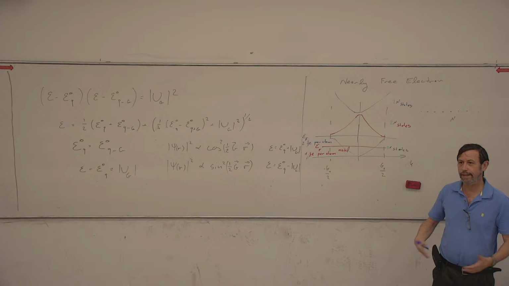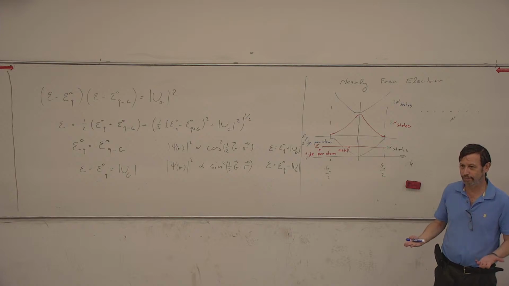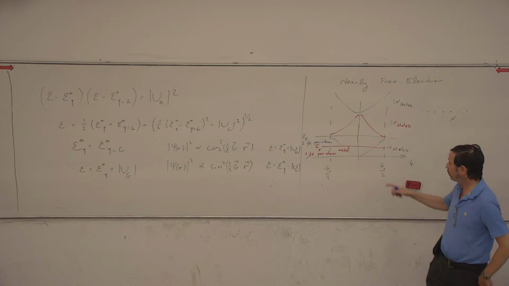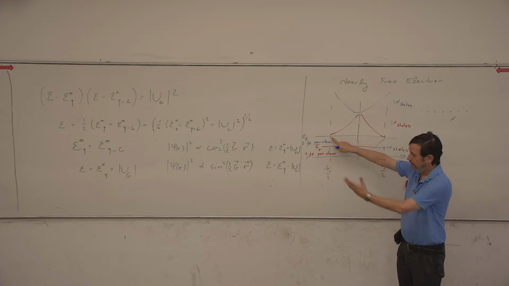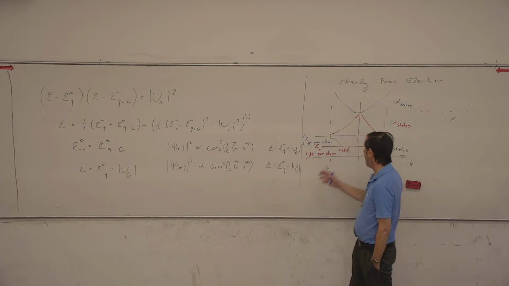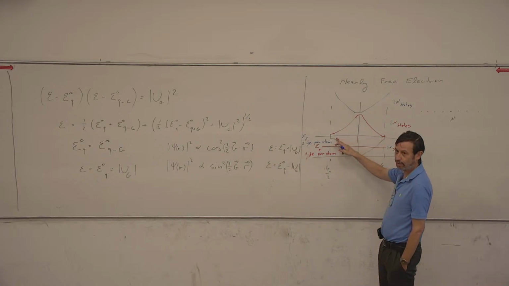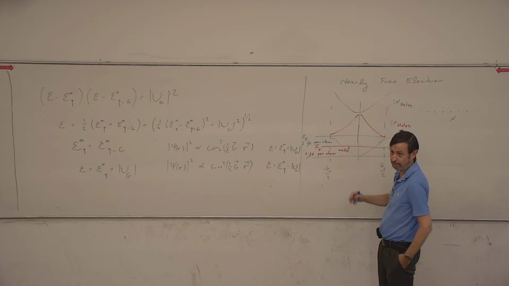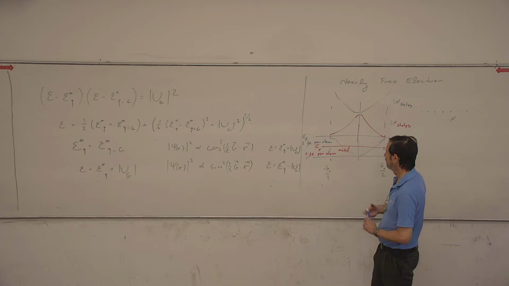I'm stuck at states that can't carry current, both because their behavior is that of stationary states, and if I put in a small amount of energy, they can't move from their filling because there is a gap.